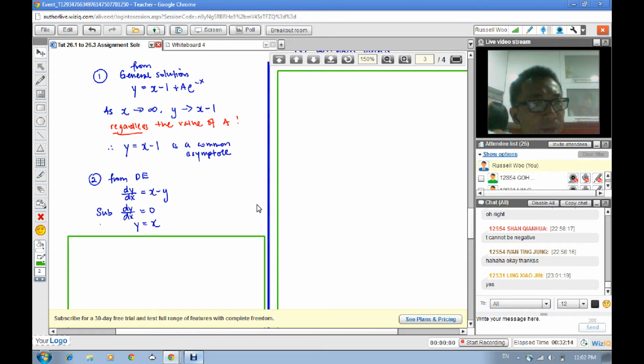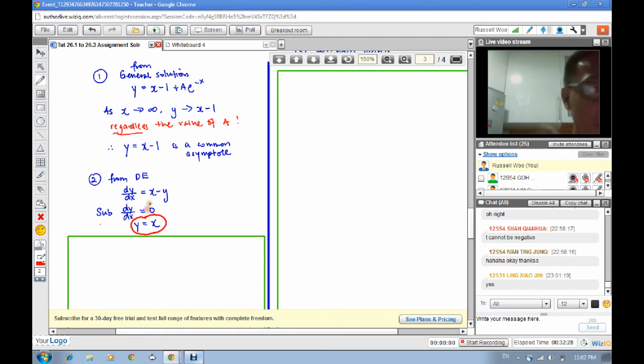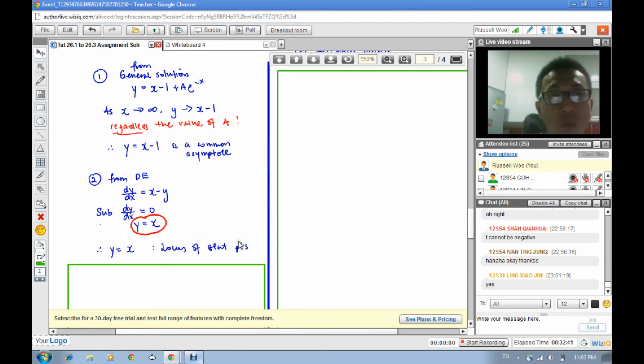All we are saying is, for any point where dy dx is equal to 0, the x coordinate and the y coordinate are related with this equation. So all stationary points must pass through y equals x. Is that all right?